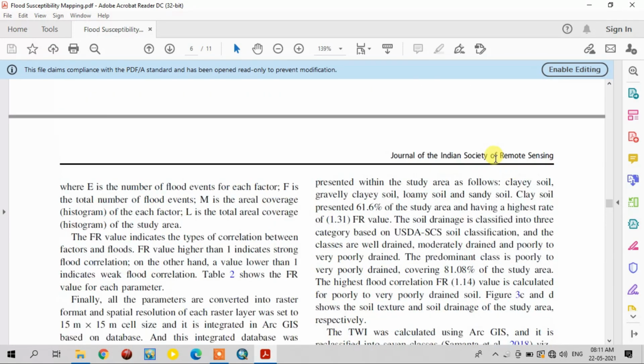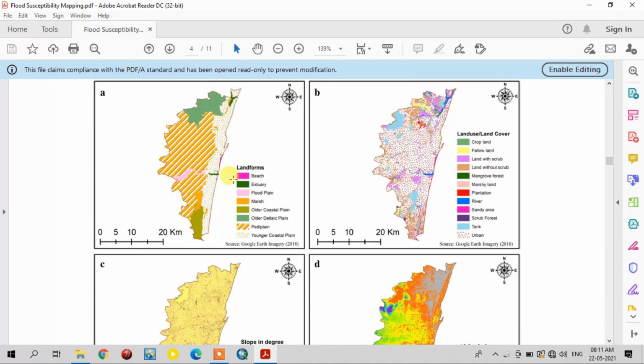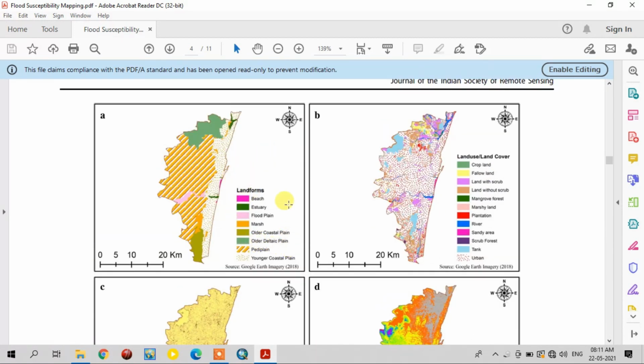See, one more time I will show the maps. This is the landform we prepared in Google Earth Imagery, and land use also prepared from Google Earth Imagery. These are all the subclasses.